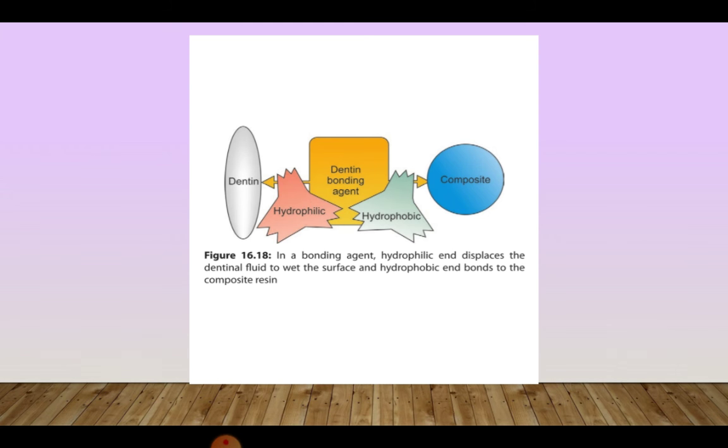In this figure, you can see that in a bonding agent, hydrophilic end displaces the dentinal fluid to wet the surface, and the hydrophobic end bonds to the composite resin.